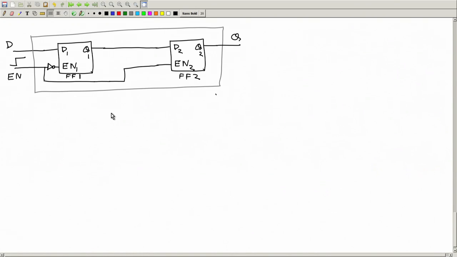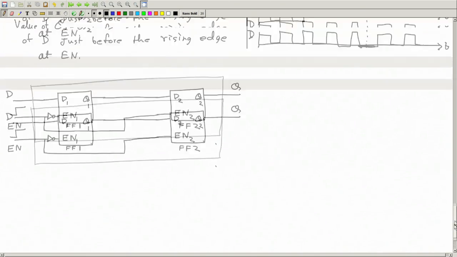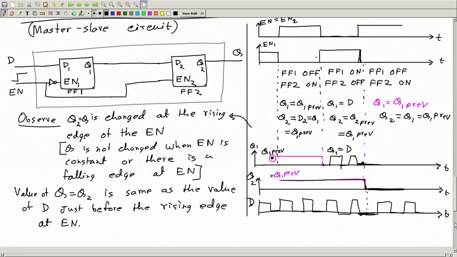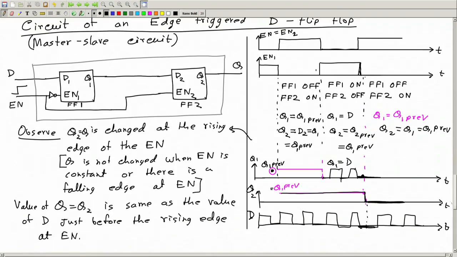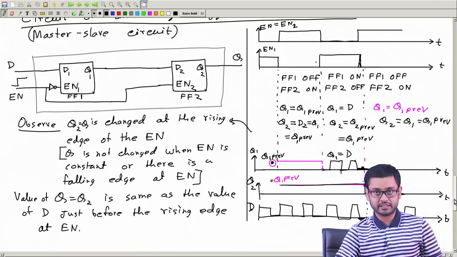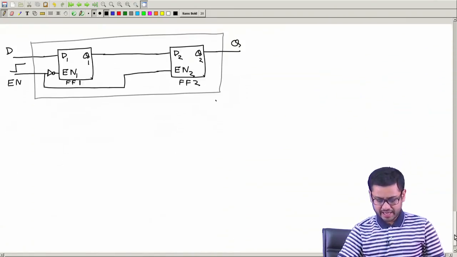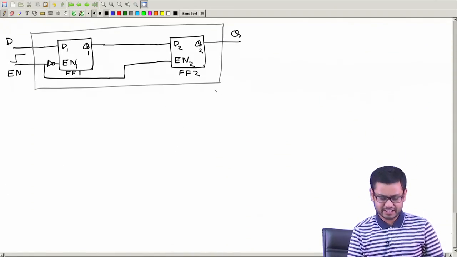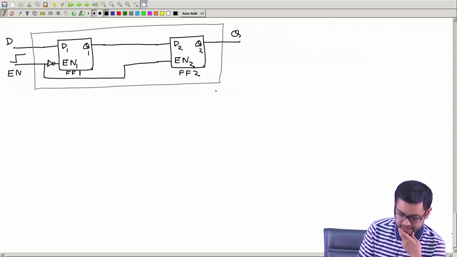Okay. So let me just tell the story in a different way. I told you the story with the timing diagram. This is one way to verify that this is an edge sensitive, edge triggered device. Another way of understanding the story is this.